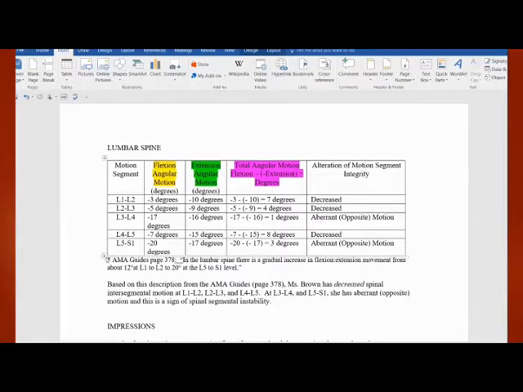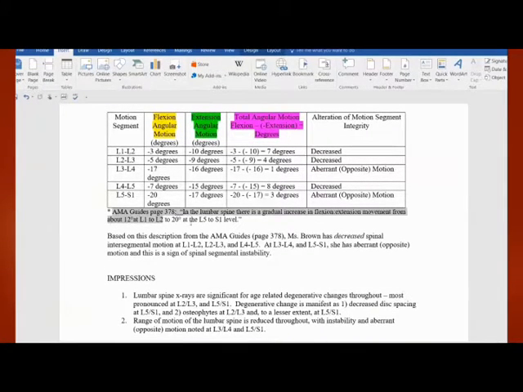Now the AMA Guides tell us on page 378 how much motion is normal for the L1 to L2 vertebra. It says, in the lumbar spine there's a gradual increase in flexion extension movements from about 12 degrees at L1 to L2 to 20 degrees at the L5 to S1 level.